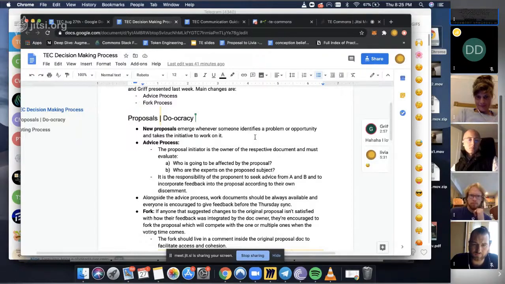It's the responsibility of the proponent to seek advice from these people, to inform them that they were selected to be the advisors, and then to incorporate the feedback they receive according to their own discernment. They don't have to incorporate all the feedback.